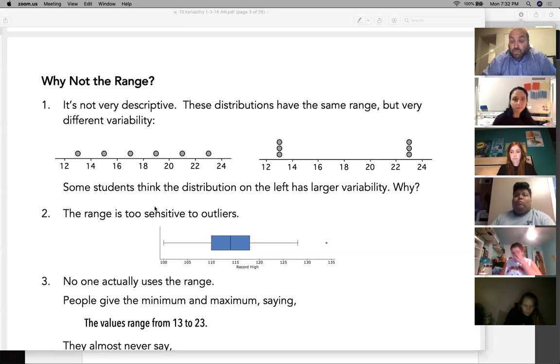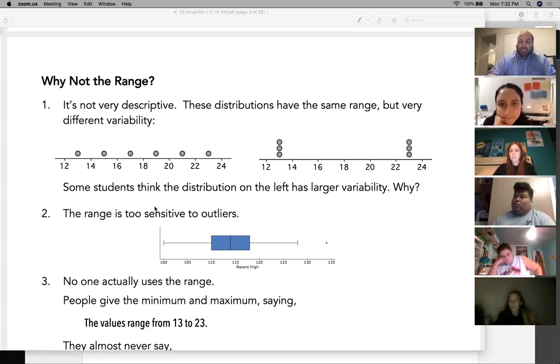But actually the one on the right has the greater variability because the 2 values that you can get, 23 and 13, are extremely spaced apart, versus on the left where the values that you can get are relatively close to each other. So variability is kind of hard to quantify when you don't have formulas, and the range doesn't do a good job.